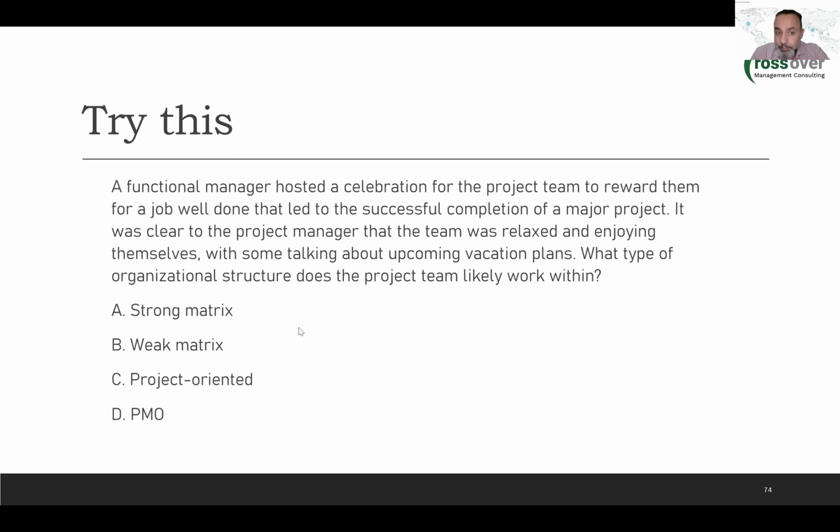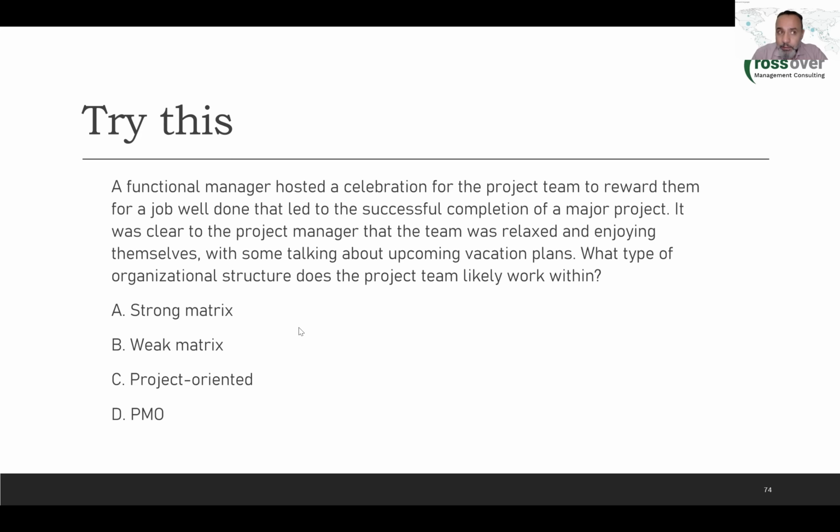What do you think? Now you might be deceived by the title, right? Because we have a project manager, then we might think project manager, it's a strong matrix. But let's look at the situation carefully. Who hosted the celebration?